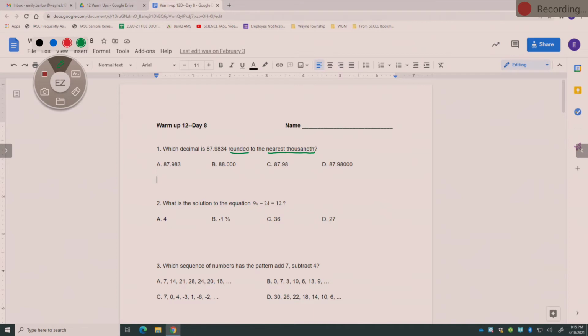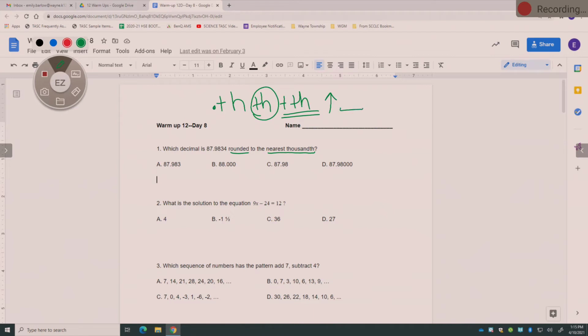Remember our places, we go the decimal point, and then we have our tenths and our hundredths and our thousandths and then our ten-thousandths. So if we are wanting to round to the nearest thousandth, we've got to look at our ten-thousandth to decide if we go up or if we stay the same.